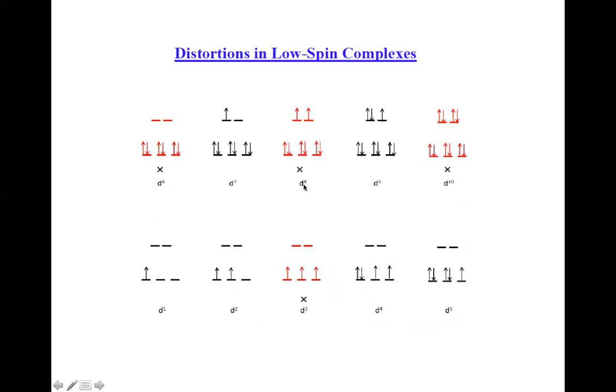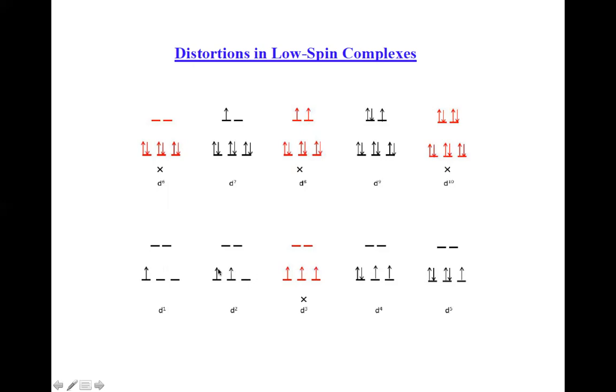We can determine whether a given electronic configuration will undergo Jahn-Teller distortion or not by looking at this picture. For a d1 system, only one electron is there, so it is unsymmetric. So Jahn-Teller distortion will be there. A d2 system will also have only two electrons.